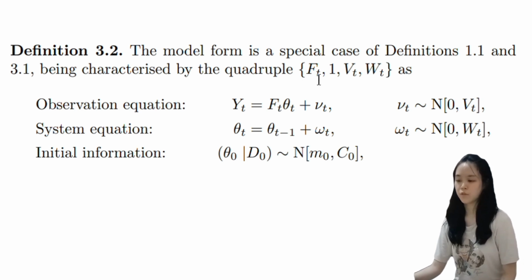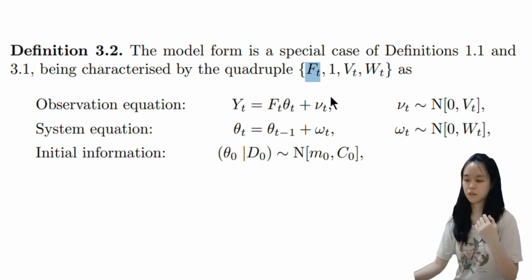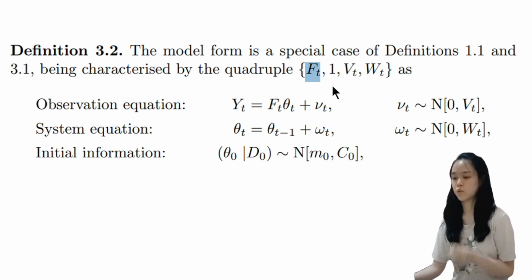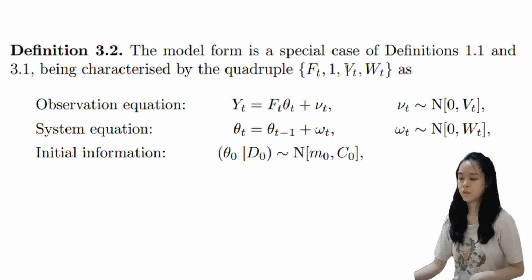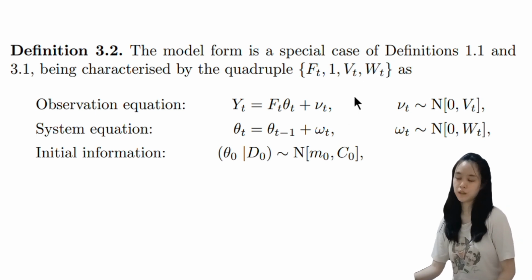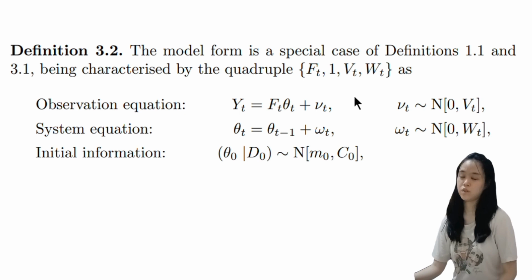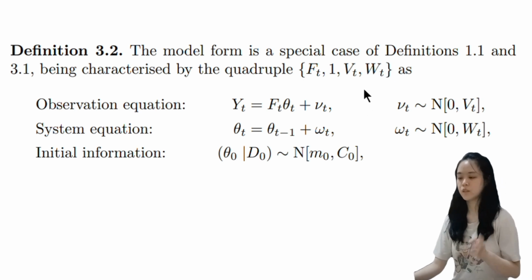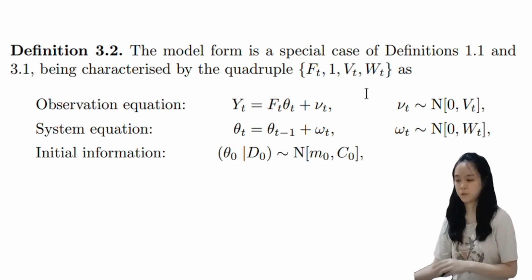Ft is actually like a vector, because we have only one variable here, but each time it would change. Ft is the regressor itself, the regressor value. And then of course we have Vt and Wt. In R, we will assume that V and W are constant, so we don't need the T here. We can just omit the T. So Ft, 1, V, and then W.